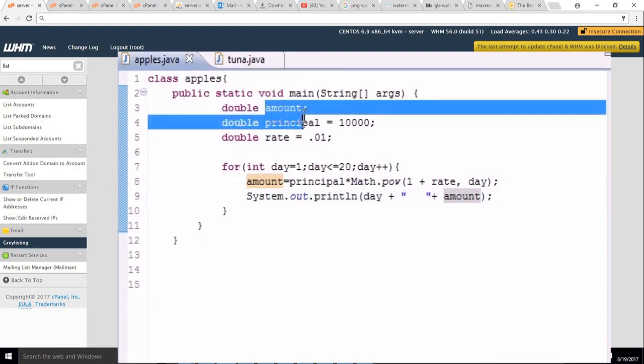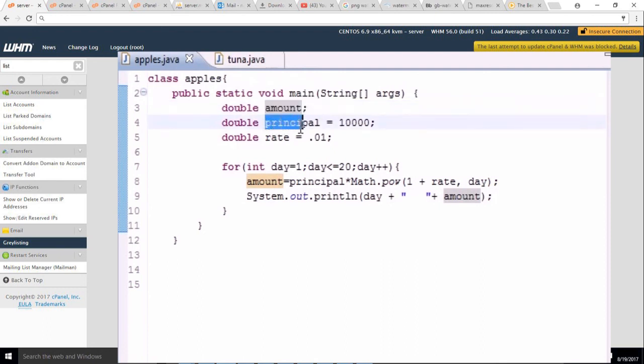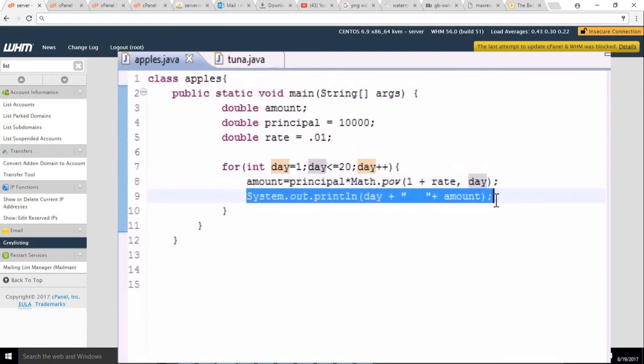You need to figure out the amount, which we don't know yet, but we do know the principal, which is the starting point, and the rate. The amount equals the principal times 1 plus the rate, which is 0.01, to the power of the day. And this is where the for loop comes in handy, because this goes 1, 2, 3, 4 all the way to 20. And next, we just outputted it on the screen.